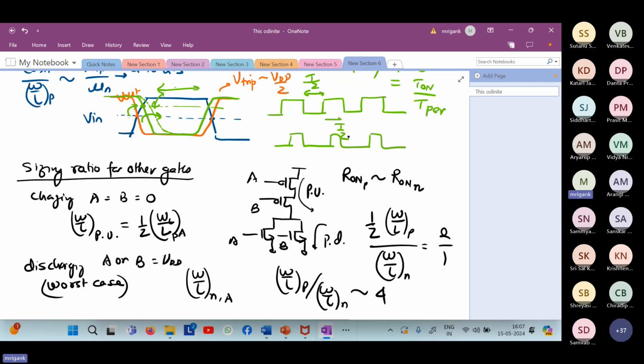Earlier it was one PMOS, one NMOS, and the PMOS size was twice that of NMOS. Now it is two PMOS in series competing with one NMOS in the pull down. Remember, one NMOS because of the worst case scenario. So two PMOS in series competing with one NMOS in the pull down definitely will require double the width. Therefore, in this case, the W by L of PMOS is going to be 4 times W by L of NMOS. Is that clear?